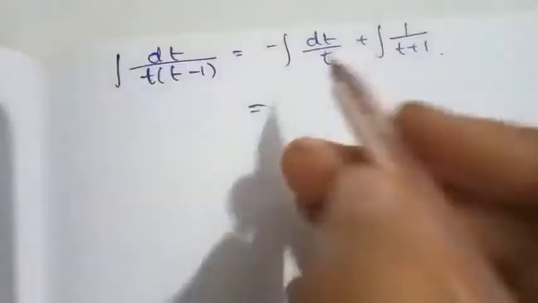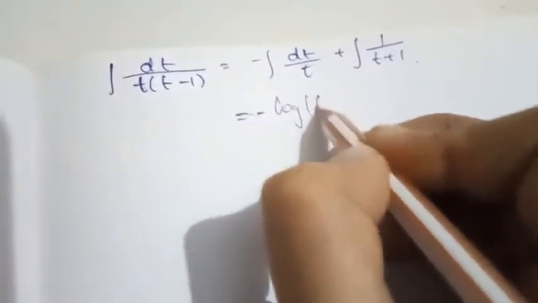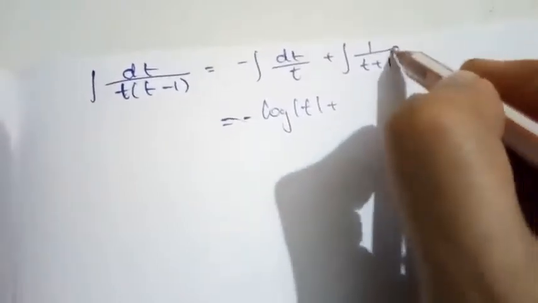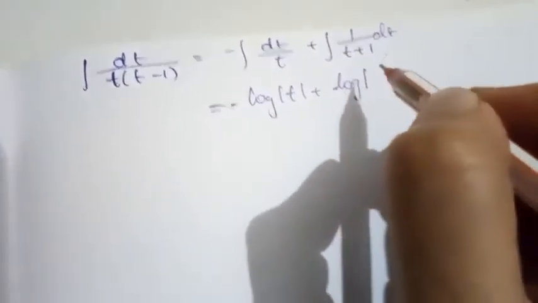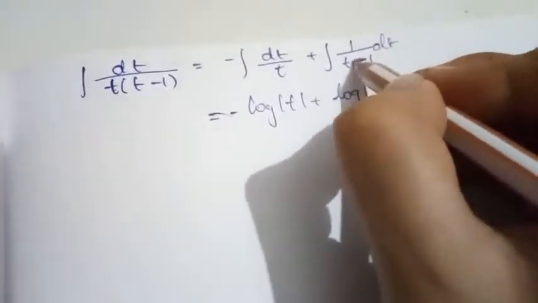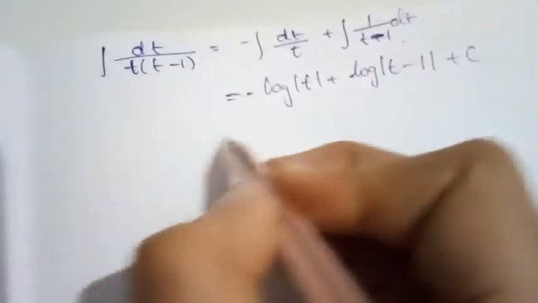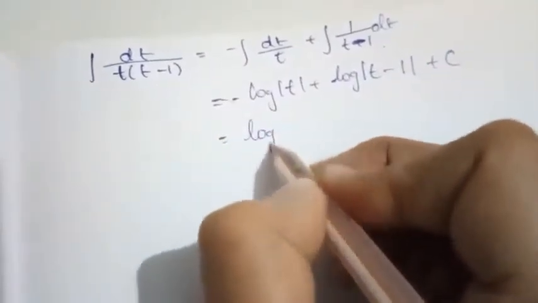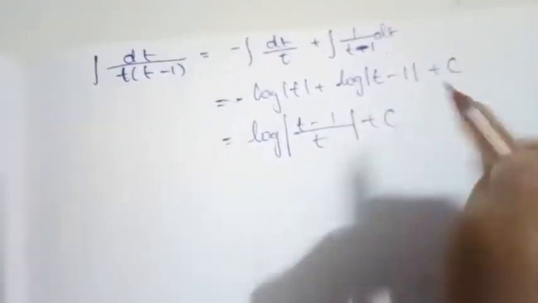So what is the integration of dt divided by t? It is nothing but log mod t. Plus, what is the integration of 1 divided by t minus 1 into dt? It is log mod t minus 1 plus c. So this gives log mod t minus 1 divided by t plus c.